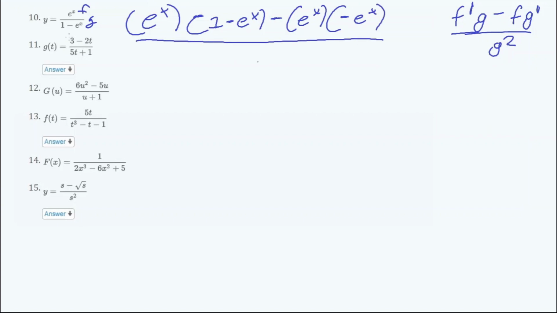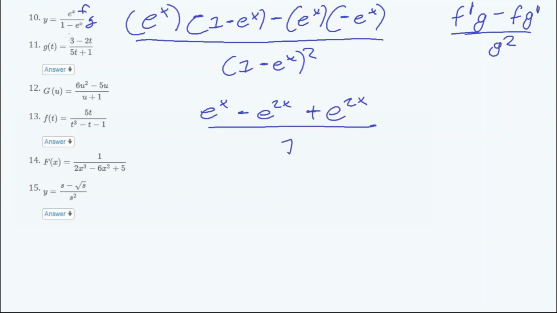And that's going to be over 1 minus e to the power of x squared, and the denominator, we don't need to simplify that out. Let's simplify out the numerator. So we're going to have e to the power of x minus e to the power of 2x, and we're going to have plus, because two negatives over here, e to the power of 2x.